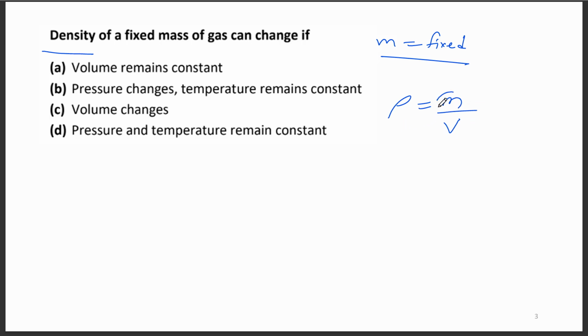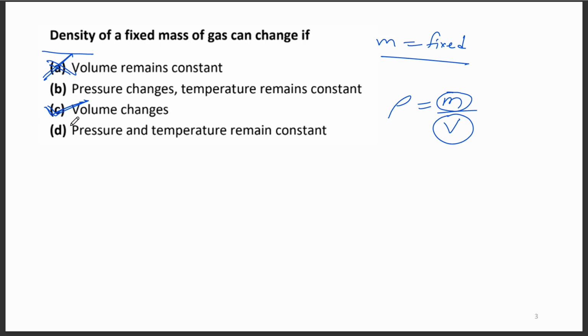Now we have fixed the mass. So if we want to change the density, how can we change it? We can change it only if V is changing. So if volume changes, it means density also changes. So option C is correct. Now if you see, A and C are opposite of each other, so A is also not possible.